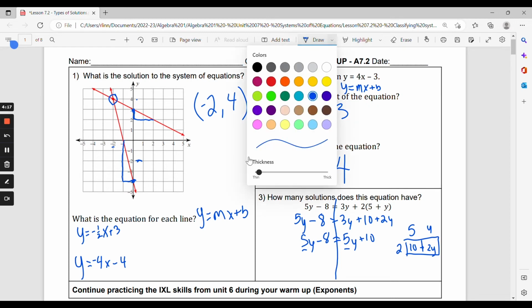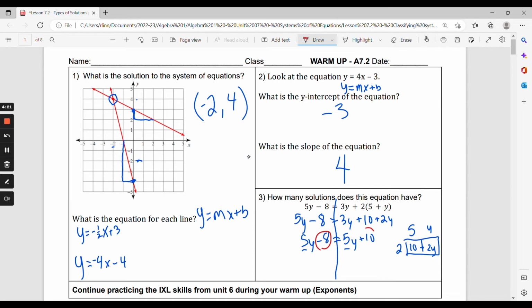So the next thing that I need to do then is look at the constants. And my constants are -8 and +10. Now, because those constants are different, I know that this is going to have no solution.